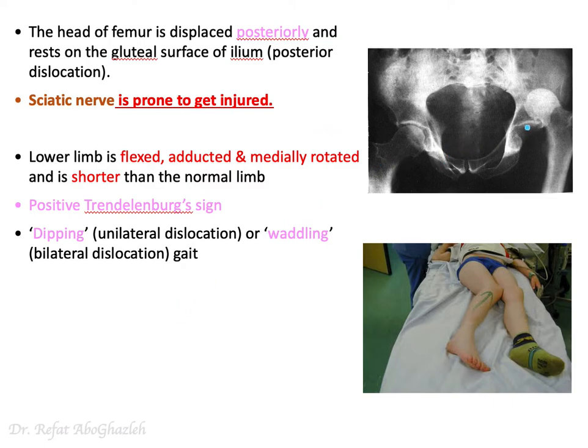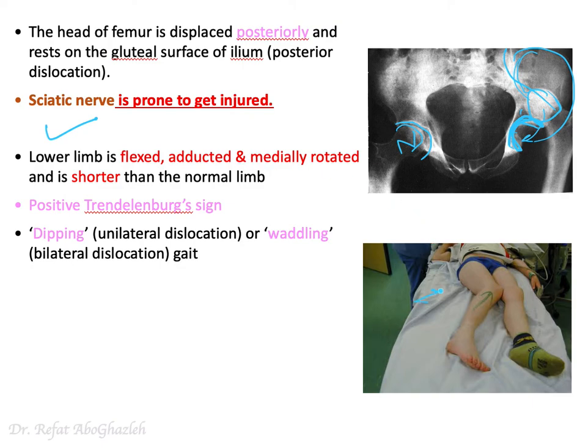In this case, for example, you see the hip; this is the normal. Look at the head of the femur that's located inside the acetabulum, and here you see that the head of the femur is dislocated posteriorly into the gluteal region. This is the head of the femur, and this is the gluteal region. So this is the acetabulum, right? It should be here, but it's located posteriorly, and mostly the sciatic nerve is the nerve most prone to be injured, this is important.